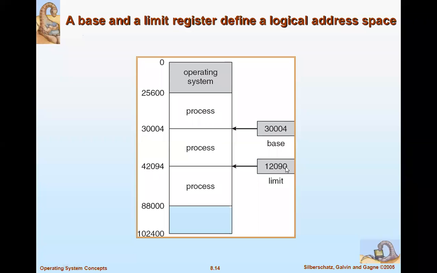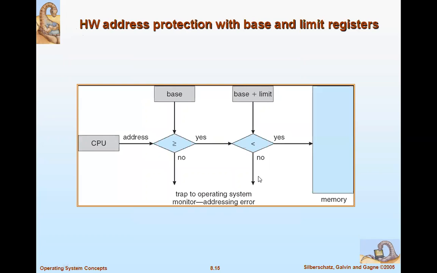That means this limit can be used by the CPU to generate logical addresses to get any part of the data of this process, starting with the base, 30,004. You can observe in this hardware that protects the processes with the base and limit registers.